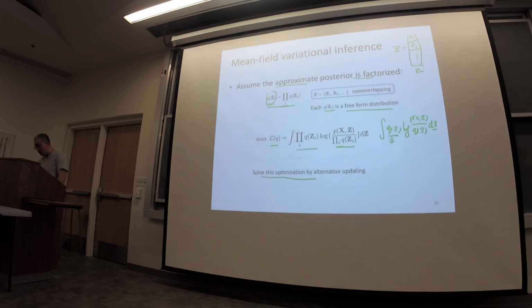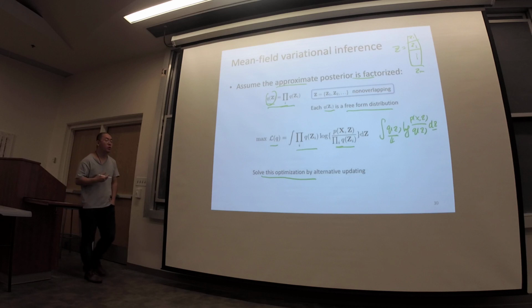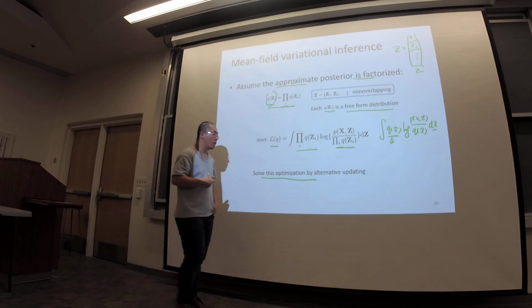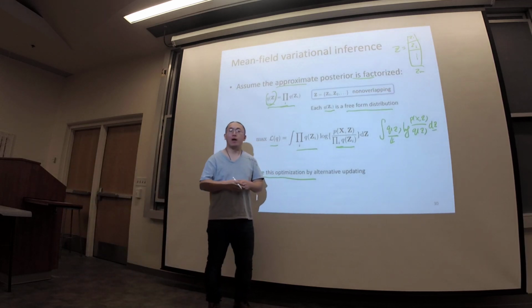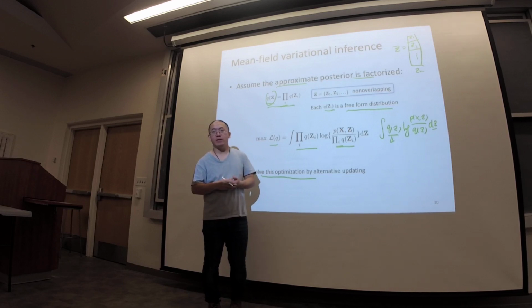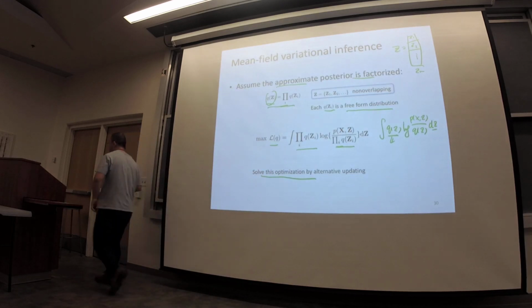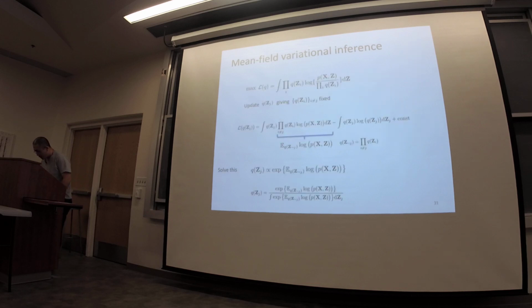How can we solve this optimization problem? Here we choose an alternating updating scheme. Every time I update just one posterior, given that all the other approximate posteriors are fixed.